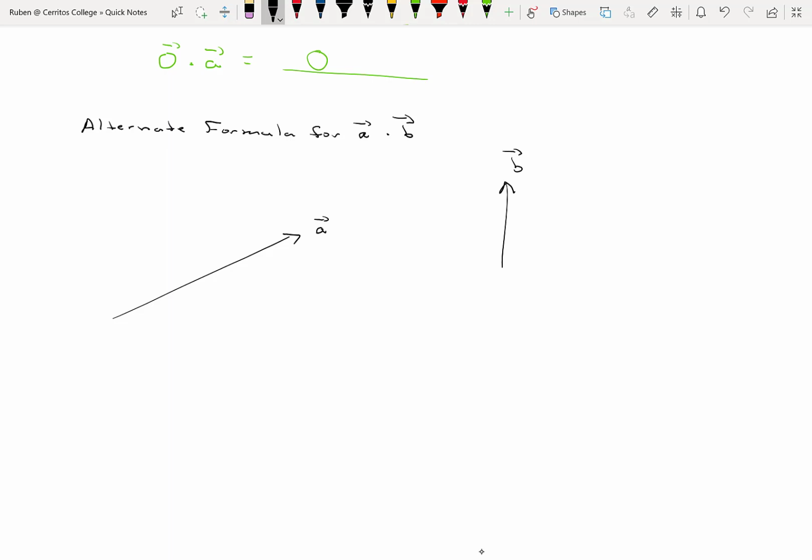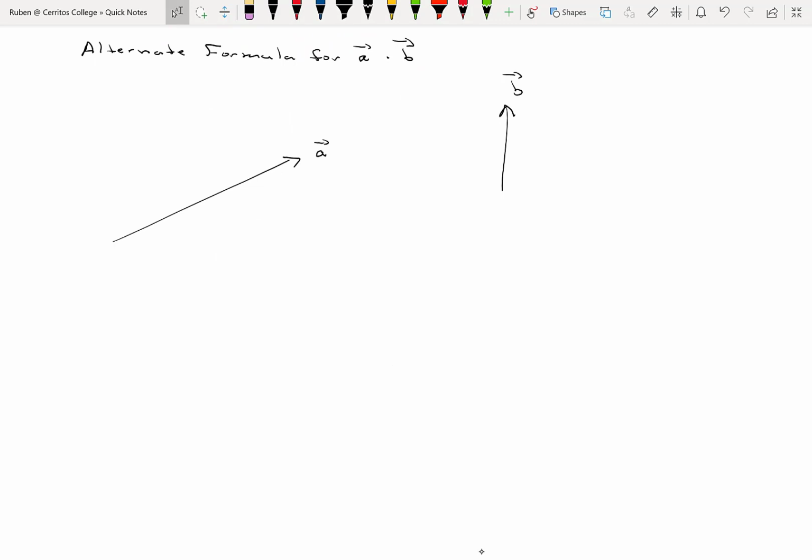Well, this is how we define the angle between two vectors. We take the vectors and move them so that they're positioned tail to tail. Now we have two pretty obvious possibilities. Is this the angle between the vectors, or is this the bigger one?